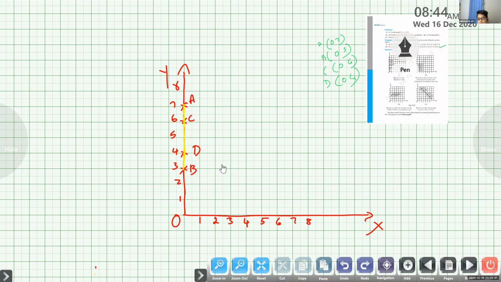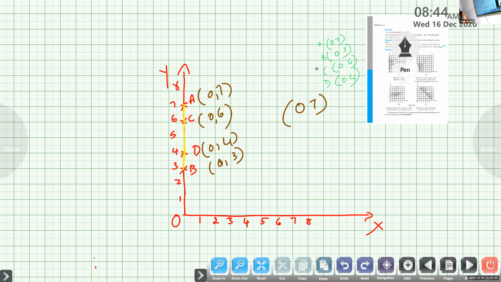Okay, now listen all of you, listen to the board. We have plotted four points, (0, 7), (0, 6), (0, 3) and (0, 4). What are the x coordinates of these four points, Shivanya? Ma'am, 0, because the first one is the x coordinate, the second one is the y coordinate.